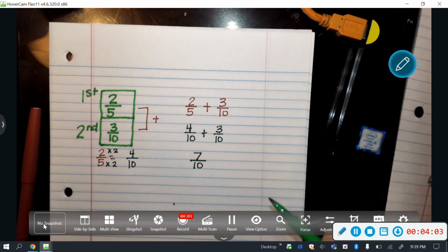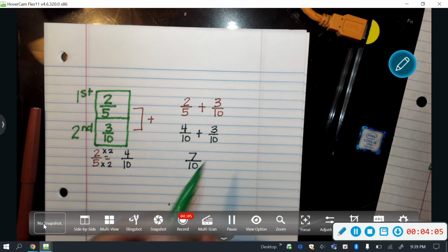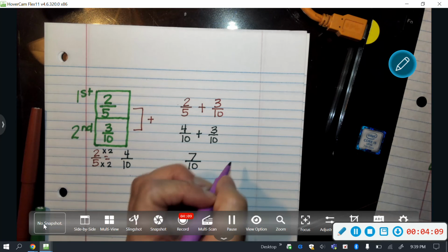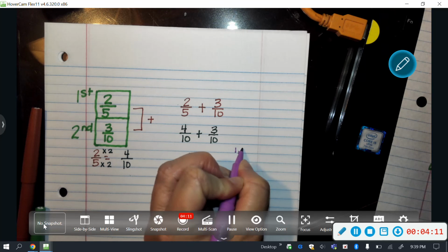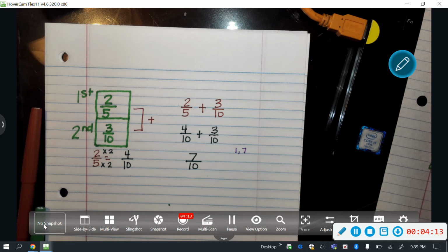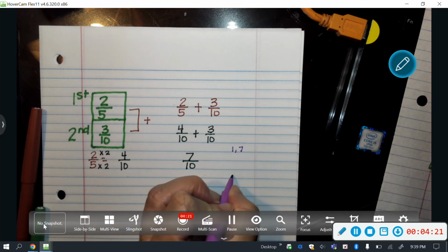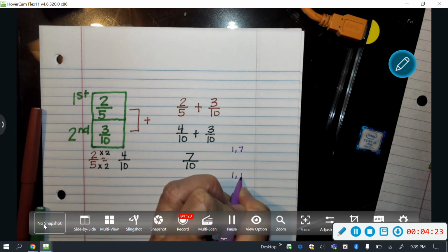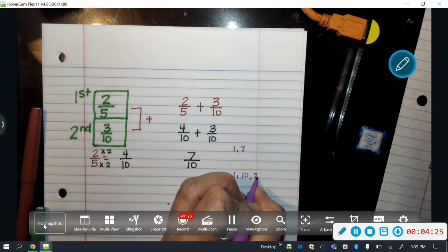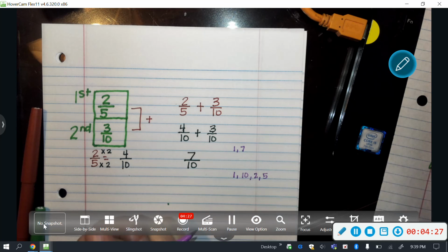Well, one quick way to figure that out is to think about the factors for both. If I think about my factors for the number 7, they are 1 and 7. Those are the only two numbers that will multiply and give me 7. When I think about the factors for 10, I think about 1 and 10 and 2 and 5.